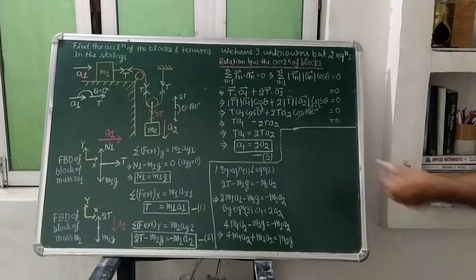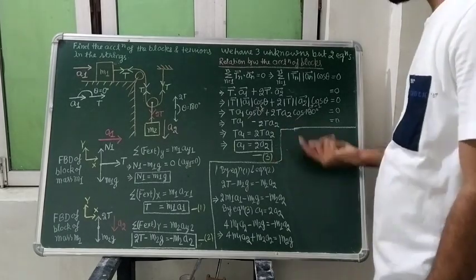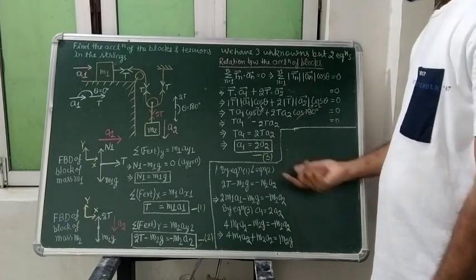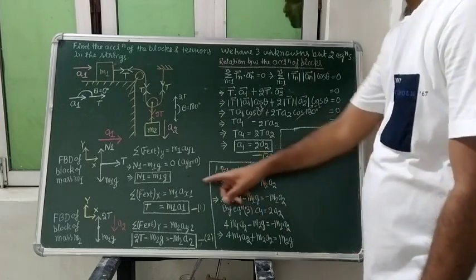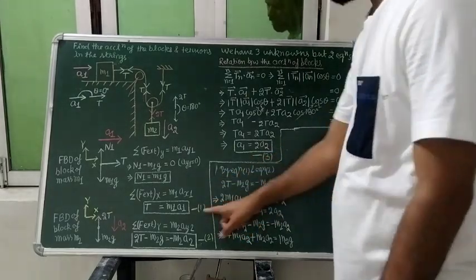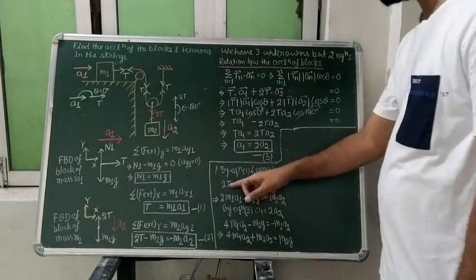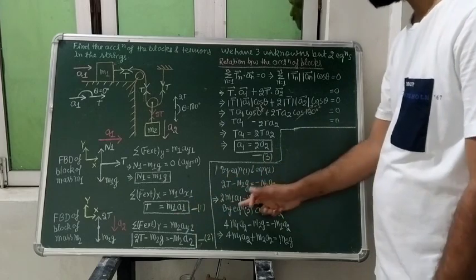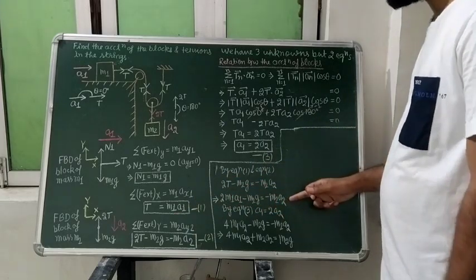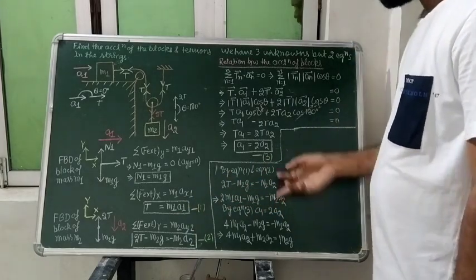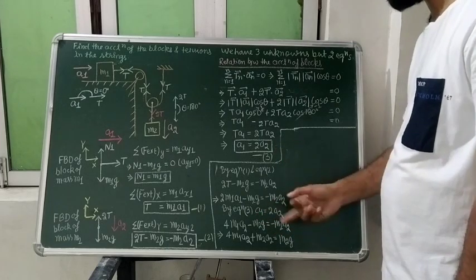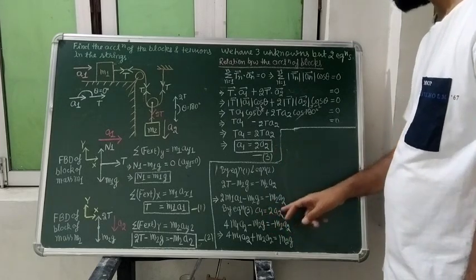So students, these are the three equations we have got. By using equation number 1 and this 2, in place of T you have written m1 a1, so this will become this. And by using equation number 3, in place of a1, what can you write? This twice of a2.